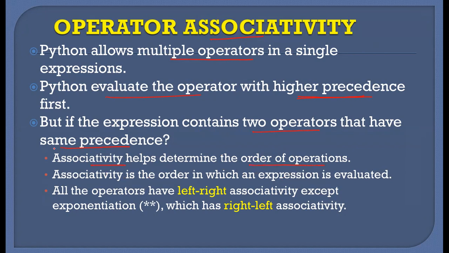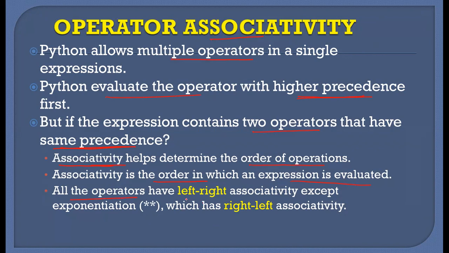That is, if they have the same precedence, whether I have to work from left to right or from right to left, which we call associativity. Associativity is the order in which the expression is to be evaluated. So how I'm going to execute my expression is based on the order of precedence.